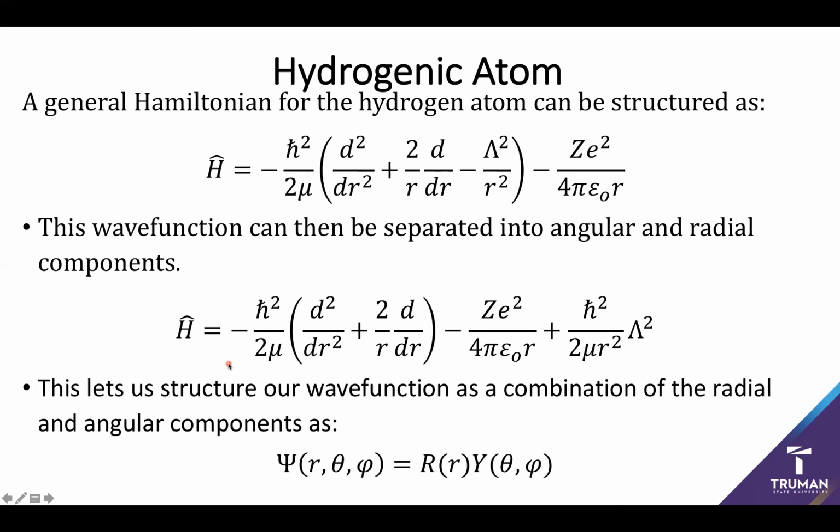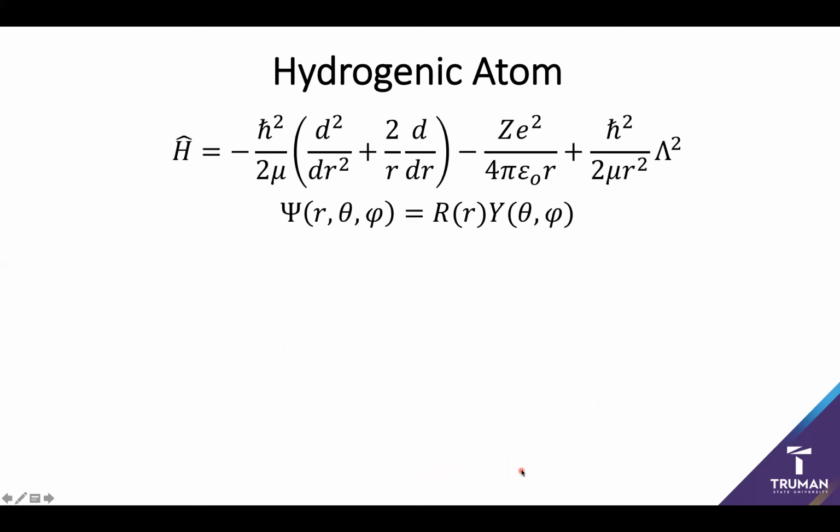Now, because we're able to separate our wave function in terms of radial and angular components, this means that we should also be able to separate out our wave function into a radial wave function and an angular wave function. So our real trick is going to be trying to figure out what the forms of these two functions should look like.